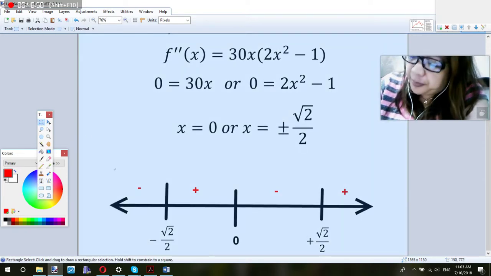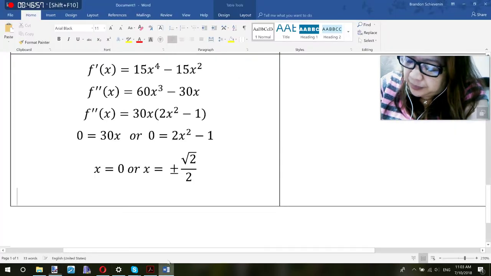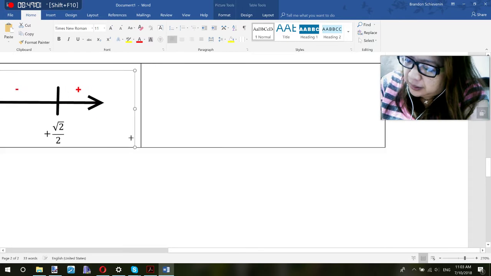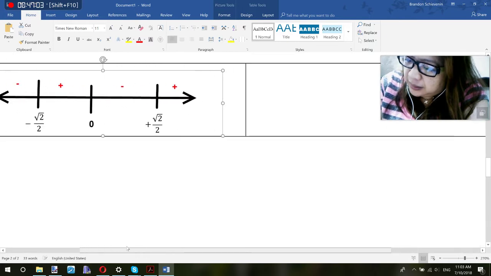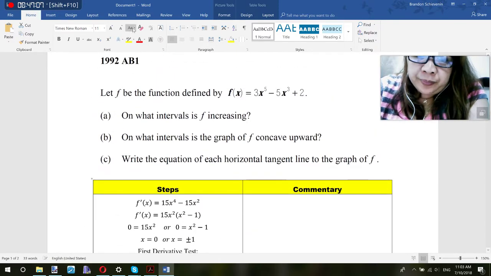Awesome. So we've got our graph with all of our points. So I'm going to copy that over. Okay, looks like that was just enough to kick me off the page.